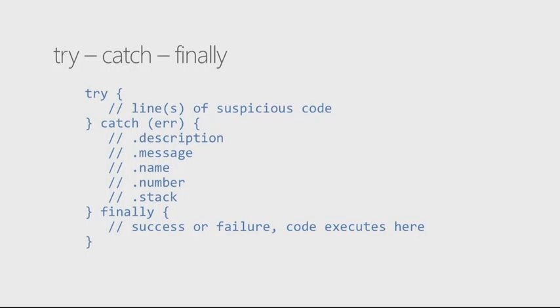Syntax, you're going to have it caught right away. Usually, for example, in Visual Studio, it's going to report it immediately the moment you try to run it, if it's a syntax error like VARR, which is not a keyword. But it's not going to know at design time or when you're attempting to run it if the line of code will succeed in grabbing that data, or if you're going to misuse the data in some way. So going back to the try, catch, finally, that's what we mean by line or lines of suspicious code.